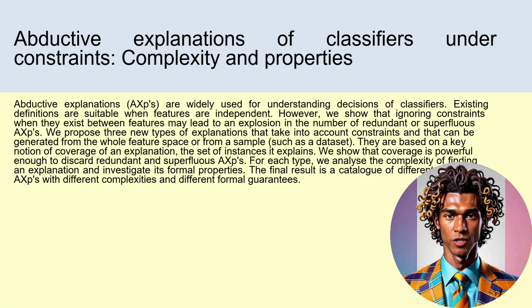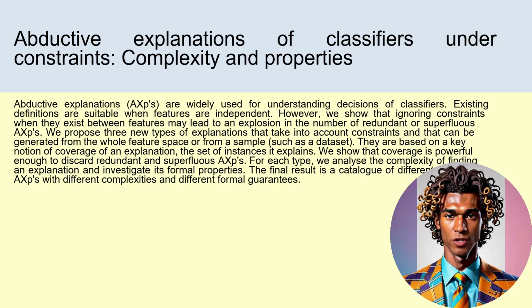The researchers show that coverage is effective in removing redundant and unnecessary explanations. They also analyze the complexity of finding explanations for each type and investigate their formal properties. The outcome is a collection of different types of AXps with varying complexities and guarantees.